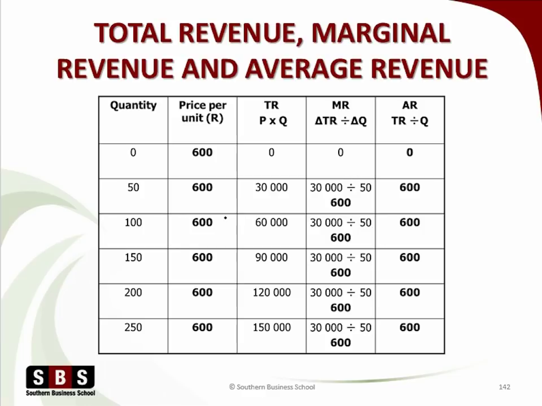Once again, the marginal revenue here is just the change in the total revenue divided by the change in the quantity. There are increments of 50. That's why the marginal revenue stays on 600. But it could have been other increments, and the numbers would have been different.